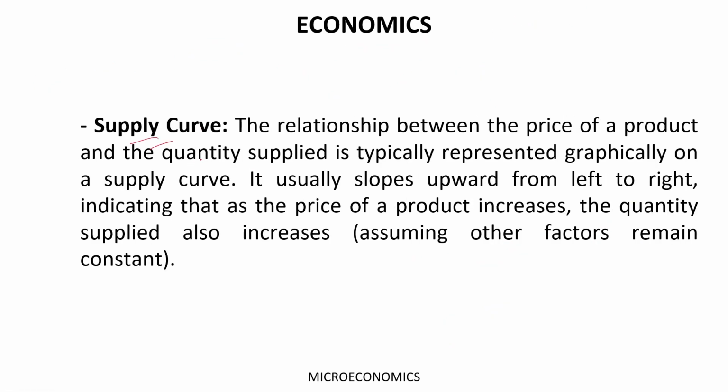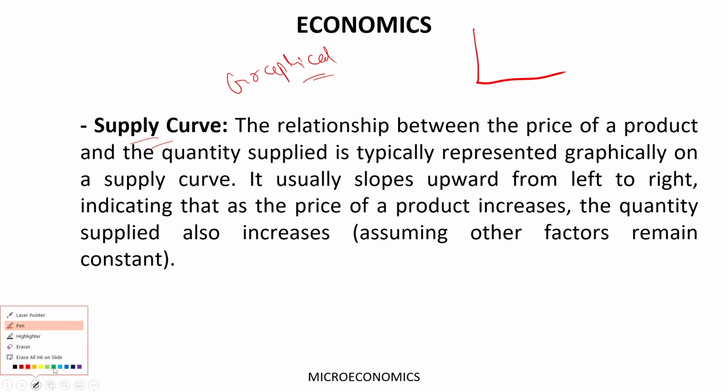Now we have the supply curve. The supply curve is basically a graphical representation between the price of a product and the quantity supplied, typically represented graphically on the figure. And it is always in this format, bottom to top.